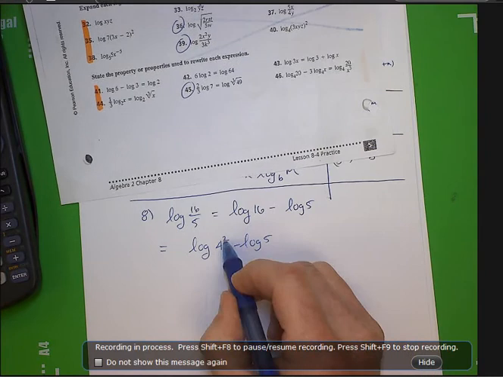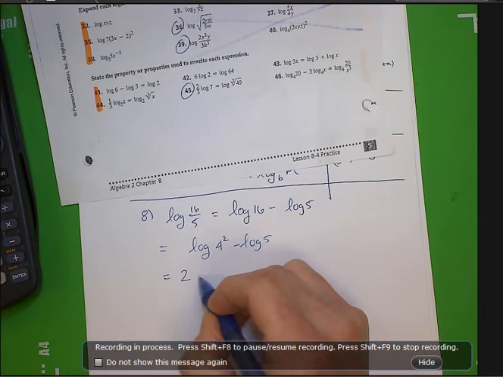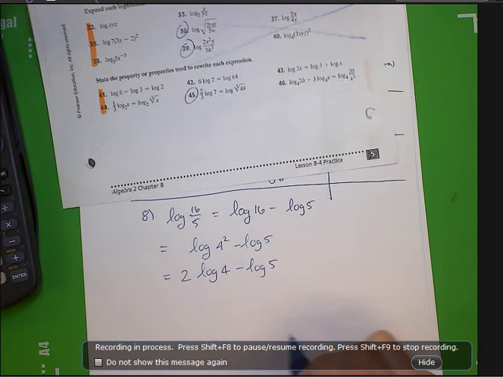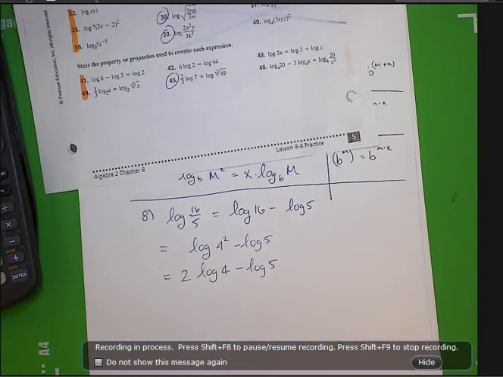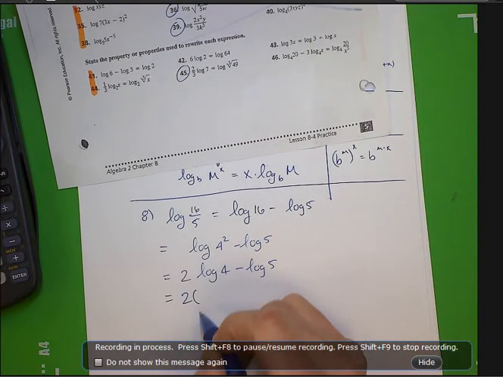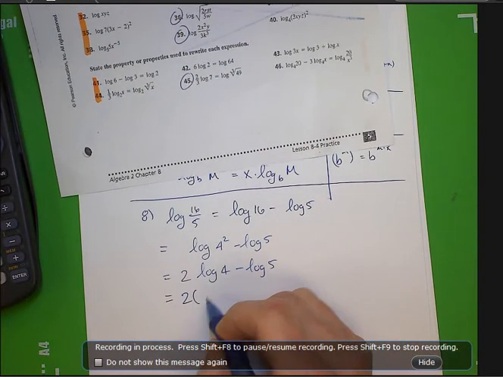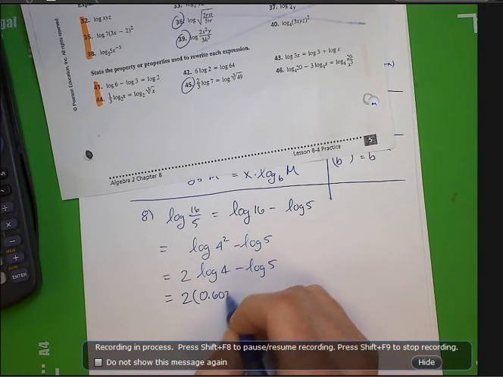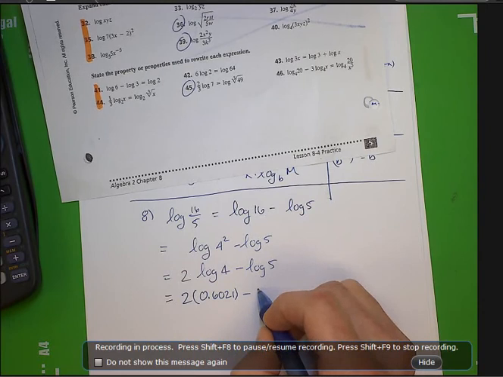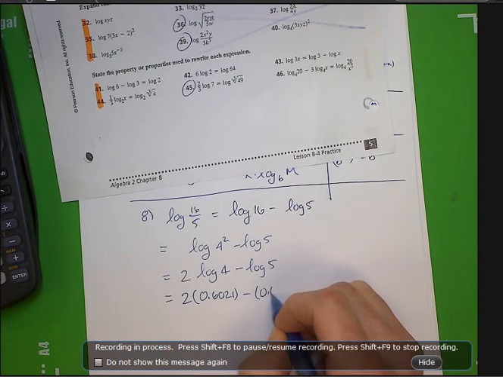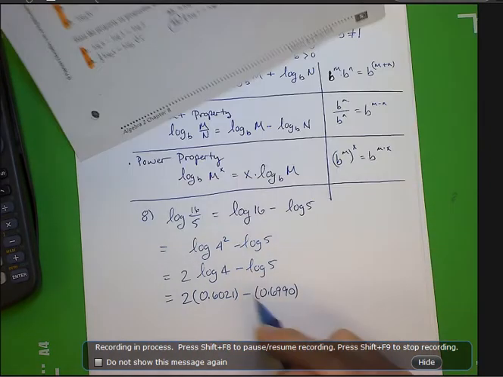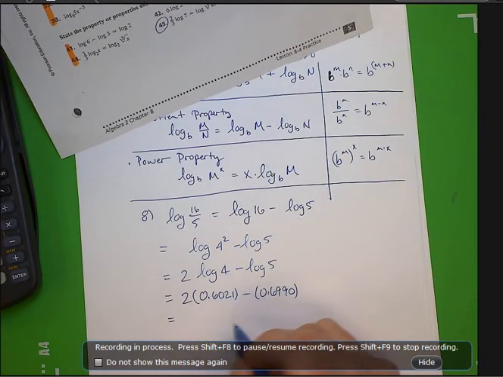Now this 2 I can bring out, so that's 2 times the log of 4 minus the log of 5, which then I can say is 2 times, now log of 4 is 0.6021 minus the log of 5 is 0.6990 according to this.